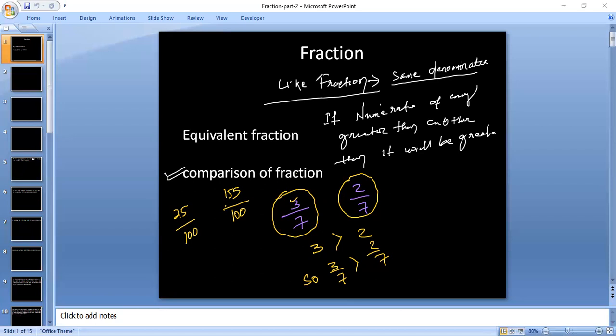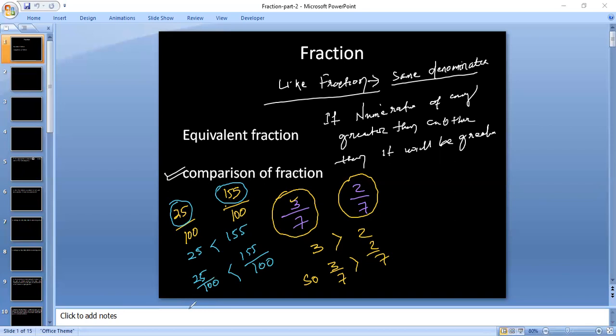Here the numerator is 25, but here the numerator is 155. That means 25 is less than 155. So now you will conclude that 25/100 is less than 155/100. It is very simple to determine which fraction is greater in case of like fractions.